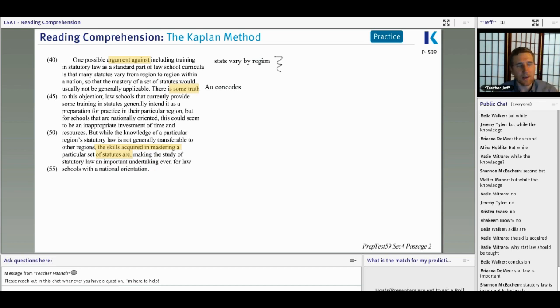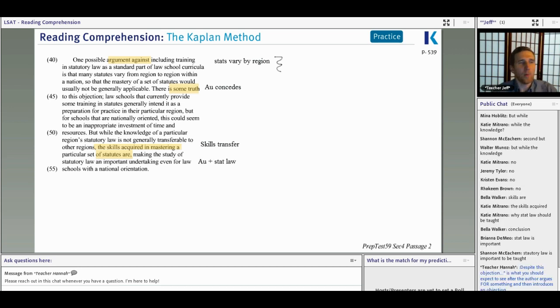Again, the choice is yours. You could say, stat positive because skills transfer, or just skills transfer and that's good. So you could mark it that way. And you could say that the author is still very much behind statutory law. So again, a couple ways you could be marking it in the passage, ways you could also be doing it in the margin. That choice really is yours, whichever you feel more comfortable with.